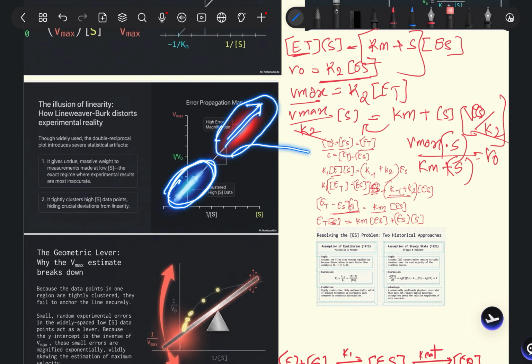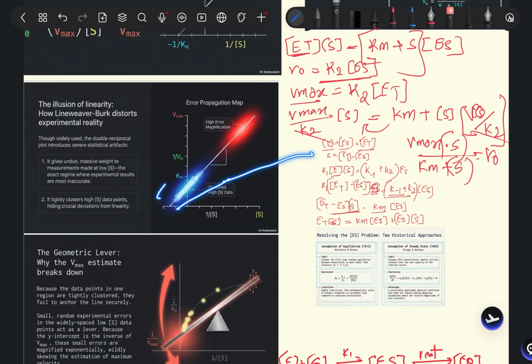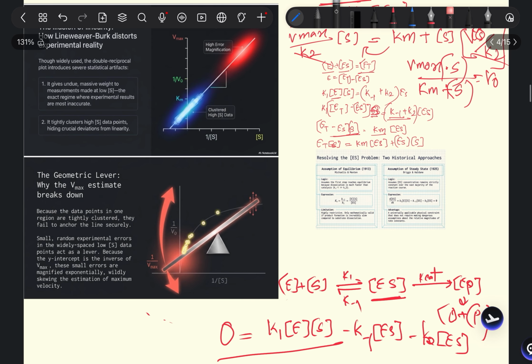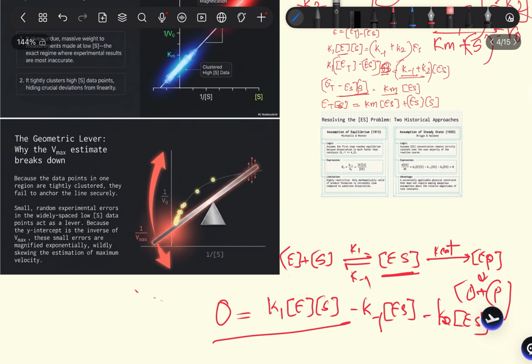So it's dependent upon this substrate thing, right? This Vmax, it's going straight, right? So if the graph is there, then the Vmax will also go in this direction, right? Everything is very clustered here, even the S. So if there is an error here, then there will be an error here. So that is what they took into account.